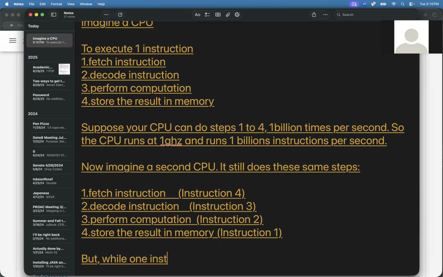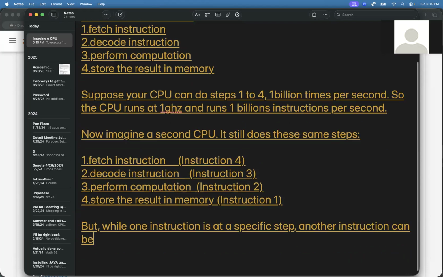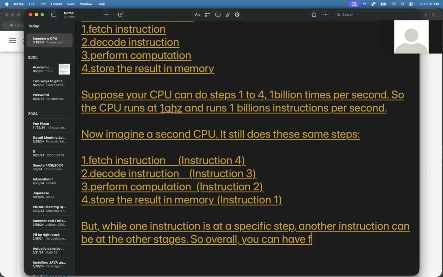while one instruction is at a specific step, another instruction can be doing the other steps. So overall, you could have, in this case, 4 instructions going at the same time.